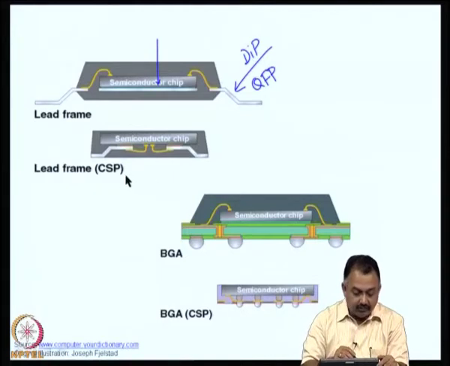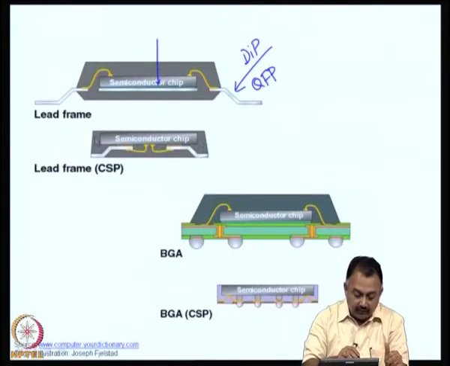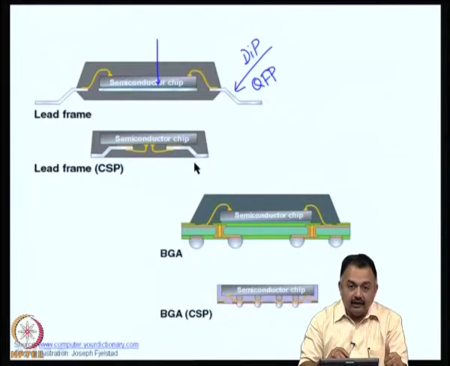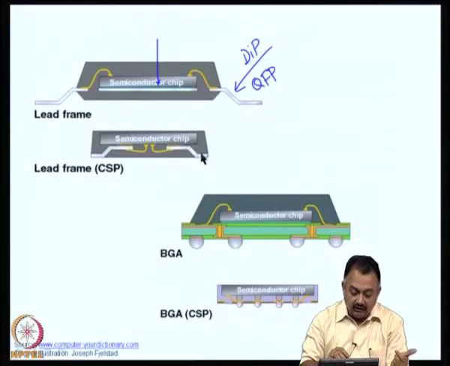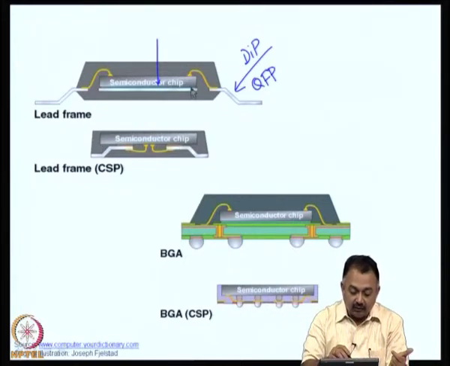And the CSP which I showed in the last sample also has a lead frame, but at the same time you can see the package volume is so low, and the die area is almost the same as the package area. Whereas here the die area is small, the package area is very large.